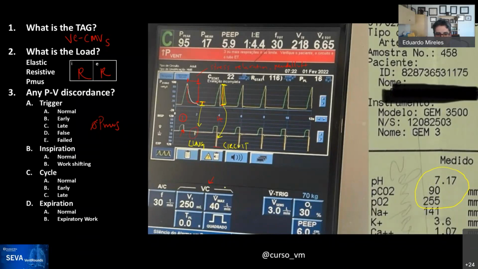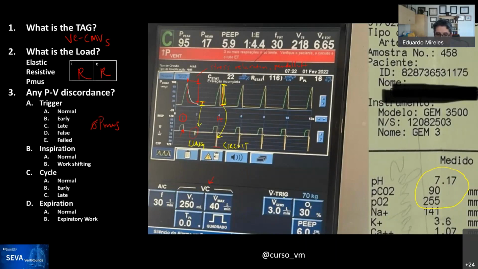Do you need to decrease the rate to allow the auto-PEEP to decrease and go down, and that way improve the ventilation in the lung and increase the tidal volume? We don't know the size of this patient, but this may be close to dead space in somebody with COPD or asthma.